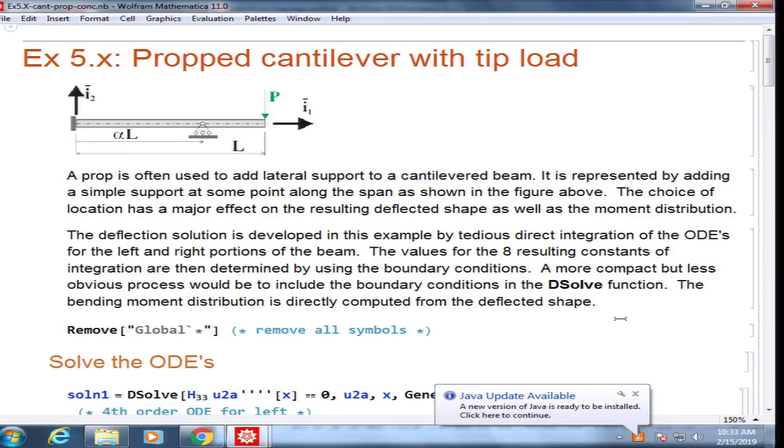So what you're saying is valid only if we have a support, right? I'm saying that if you have a boundary condition, you cannot have a shear force boundary condition. But if you have a continuity of displacement, that's not a boundary condition. It's not saying that displacement is 0. You're not fixing any value. You're just saying it should be the same. So you need one more equation in that case. Okay?